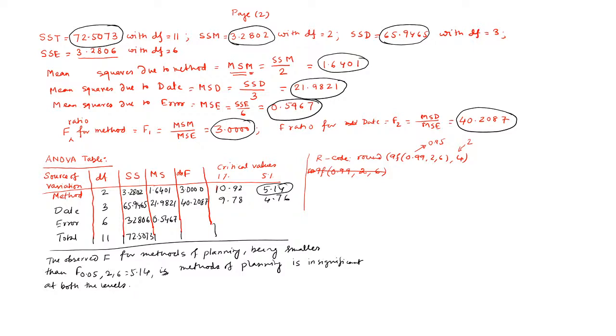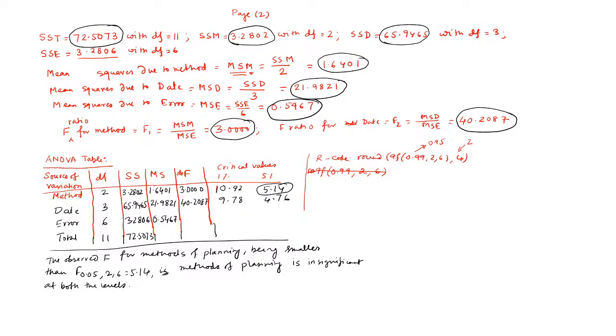F 0.05 (2,6) means the upper 5th percentile point of the F distribution with degrees of freedom 2,6, and F 0.01 (2,6) means the upper 1 percentile point of the F distribution. So it is obvious that the critical value at 5% is always less than the critical value at 1%.